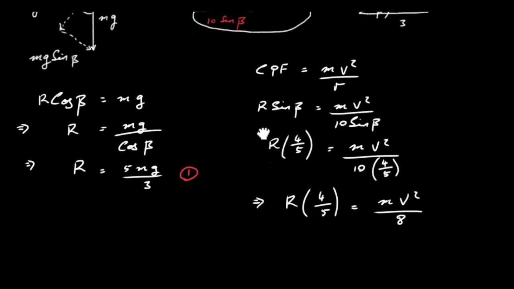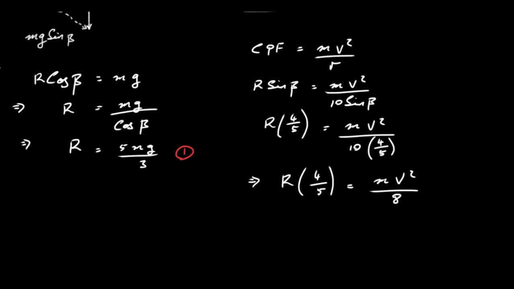Now all I've got to do is bring that 4 over 5 over and divide. So I'm going to flip it upside down and multiply over on this side by 5 over 4. So I'll end up with OR equal to 5mv squared on the top and 4 eights are 32. This is my second equation.